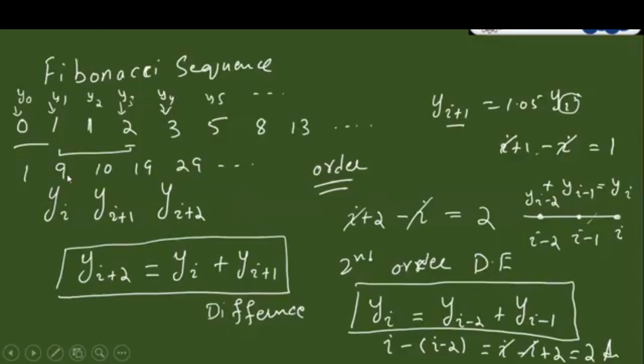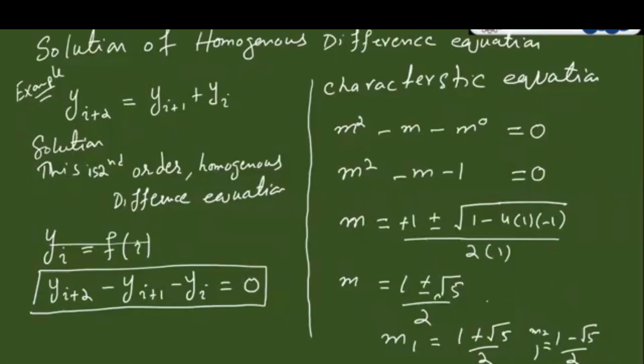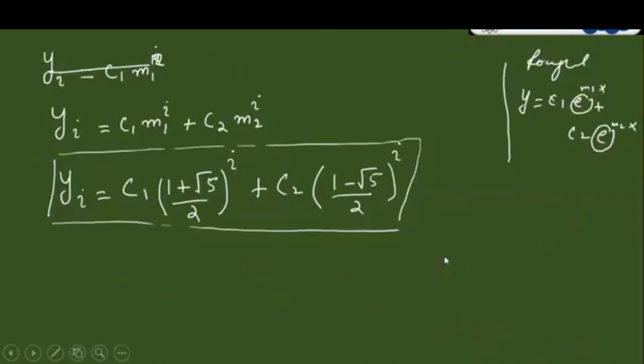Okay, so I want to compute a Fibonacci sequence based on this formula, but that sequence must have this characteristic: y0 is 0 and y1 is 1. This is our requirement.